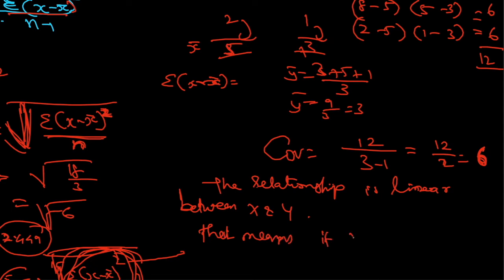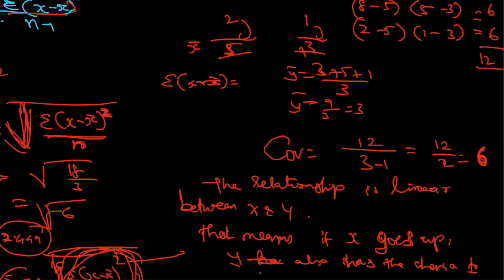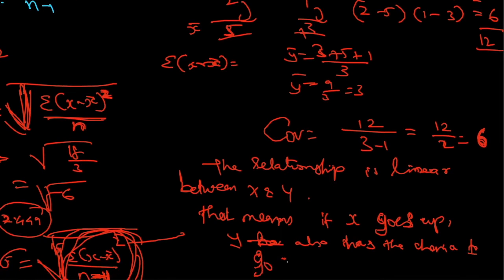That means if x goes up, y also has the chance to go up. However, I don't know the strength of the linear relationship, so I cannot say to what extent this relationship is powerful. Okay. So the negative point of covariance is that it doesn't tell me the strength.